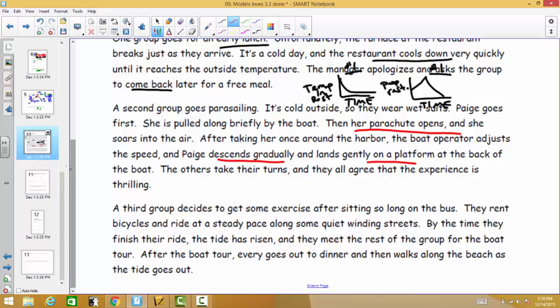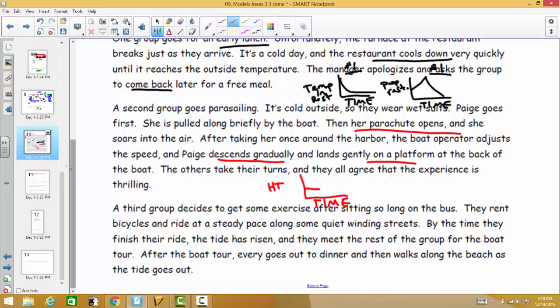Okay, so if we're going to do a graph of this, just a rough sketch of what this would look like, again, we are in charge of time. And probably it would make the most sense to do height, because if you're parasailing, that's what's changing here. So she's pulled along by the boat, so it seems like her height would be the same. She's not changing height.